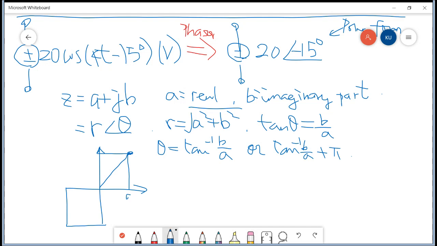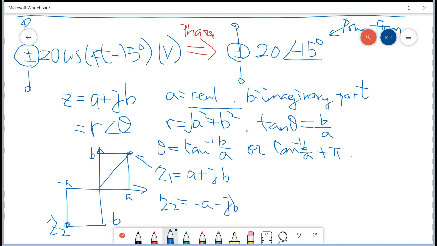This is A, this is B, and this is minus A, this is minus B. Let Z1 be A plus jB, and this is Z2, Z2 equals minus A minus jB.